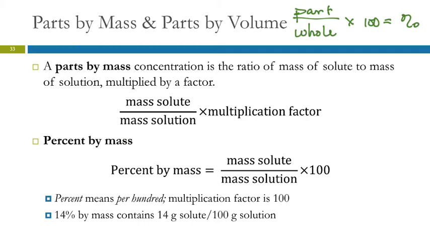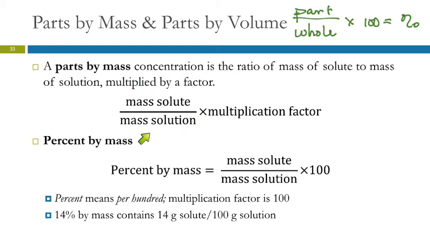The mass of the solution is the solute plus the solvent. I will try to trick you on the next exam with a question like this by giving you the mass of the solute and the mass of the solvent and asking you to find one of these kinds of units. You have to add them together to get the mass of the solution.